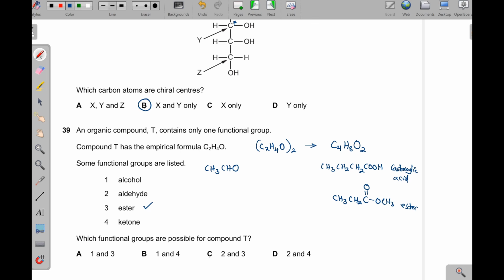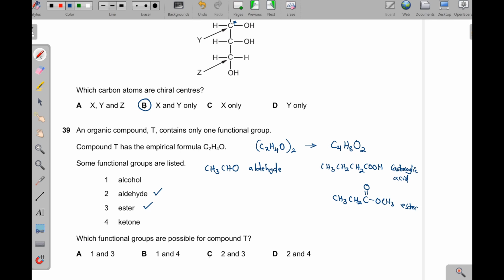How many hydrogens do we have here? These are 4 hydrogens and 1 oxygen and 2 carbons. So now you can see that this is an aldehyde. From this formula, we can see an aldehyde, whose molecular formula is also the same as the empirical formula. So an aldehyde is okay.